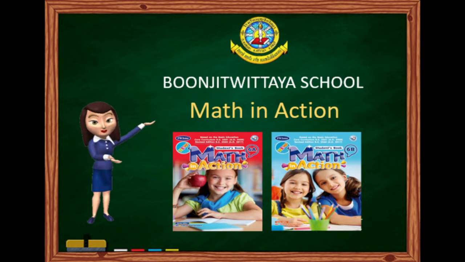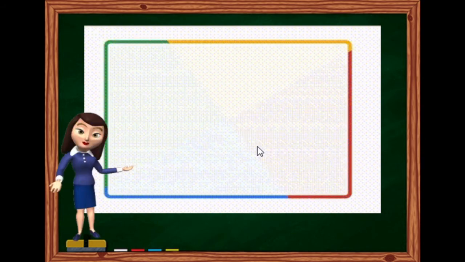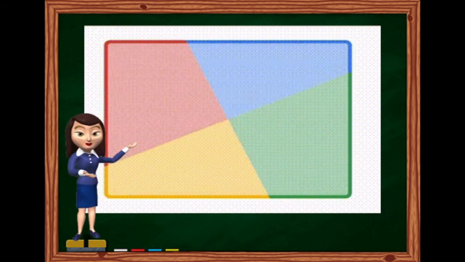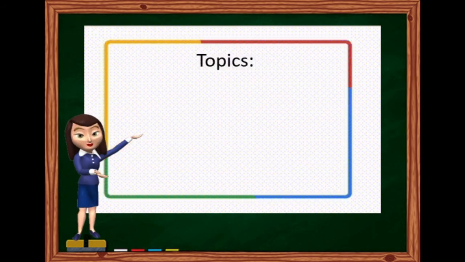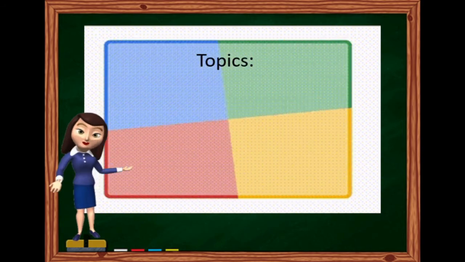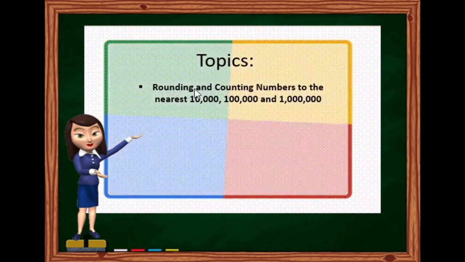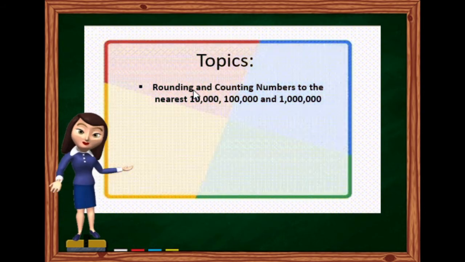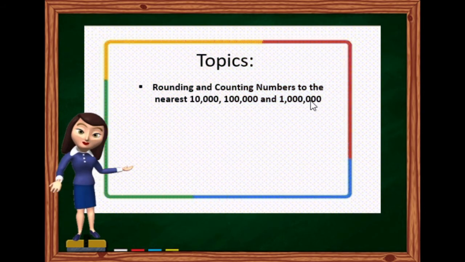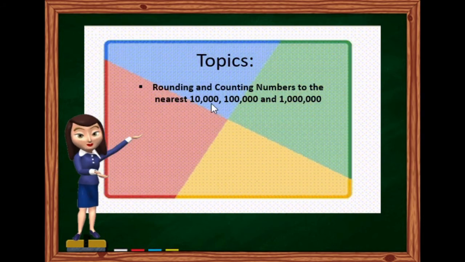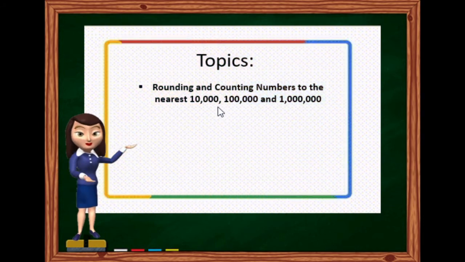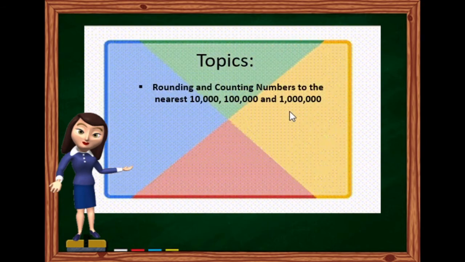And as usual, we are going to begin our class with a review. These are the topics that we want to learn on the semester. First, we had talked about rounding and counting numbers to the nearest 10,000, 100,000, and 1 million.